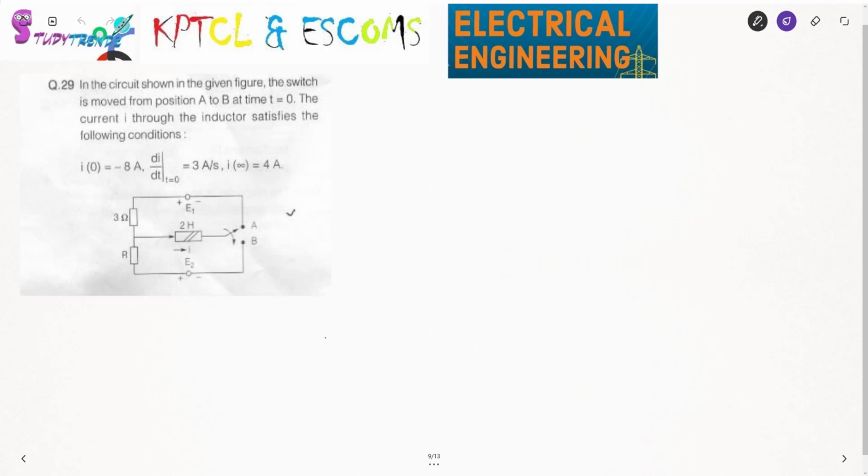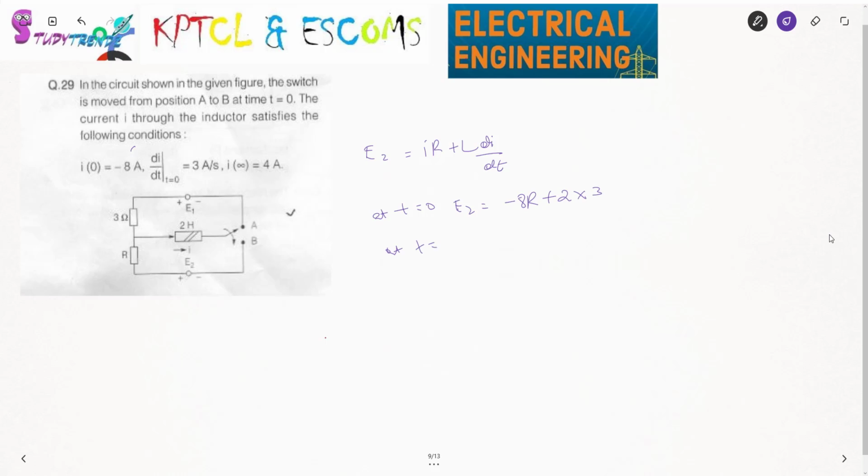So in the circuit, the switch is moved from position A to B. So from the circuit we can write E2 as I into R plus L into di by dt, right? Then at t is equal to 0, E2 is equal to minus 8R, right? 8R, because I of 0. 8R plus 2 into 3.